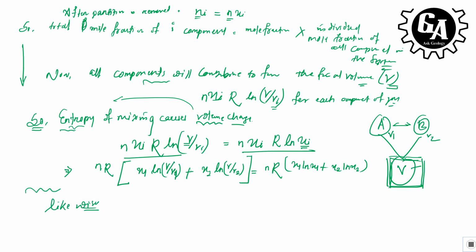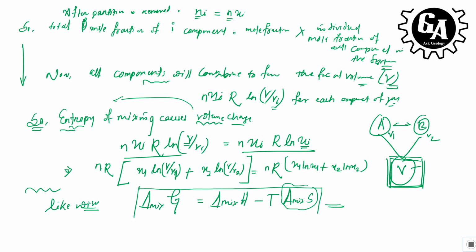Likewise, in thermodynamics, del mix G is equal to del mix H minus T del mix S, where S is your entropy. So you can see how this change in entropy is related to the Gibbs free energy in thermodynamics.